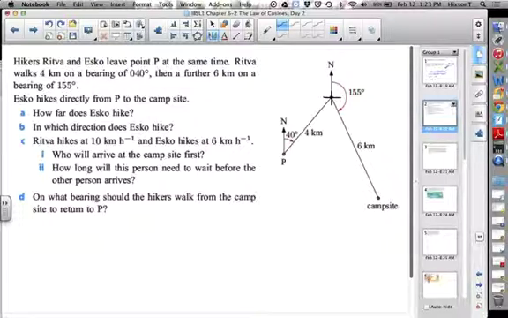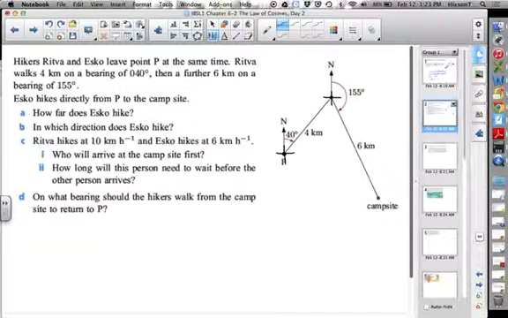So it says Ritva and Esco leave point P at the same time. Ritva walks 4 kilometers on a bearing of 40 degrees. So here's our north, south, east, west. We start at due north and measure to the right. You always go clockwise when measuring bearings.